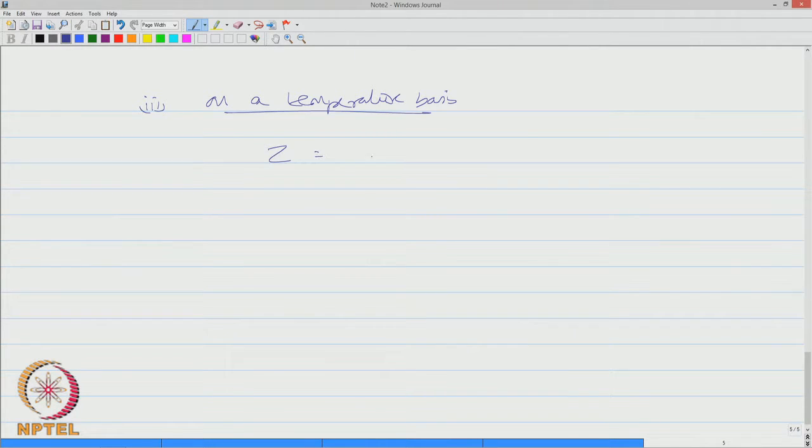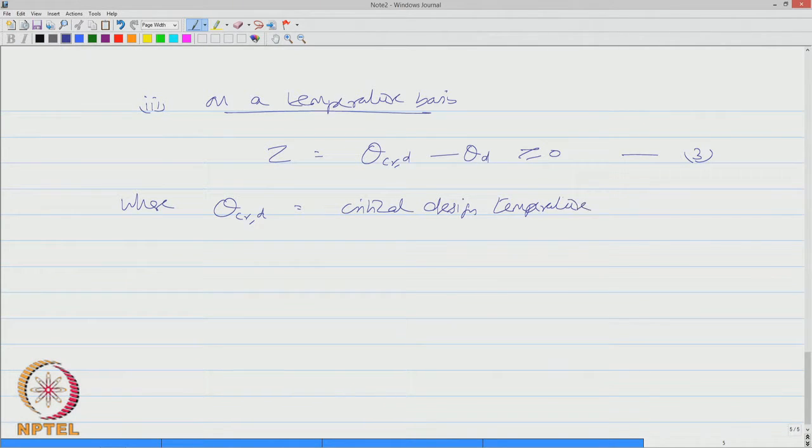So, Z = theta_cr,d - theta_d, which should be greater than 0, where theta_cr,d is the critical design temperature and theta_d is the calculated design temperature of the member.